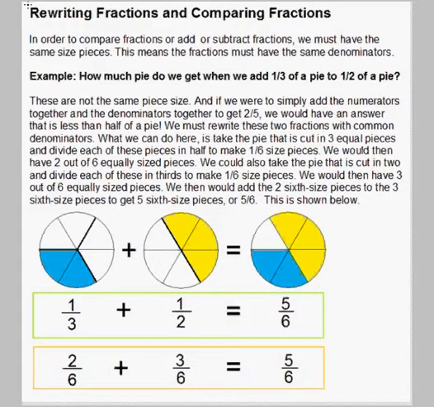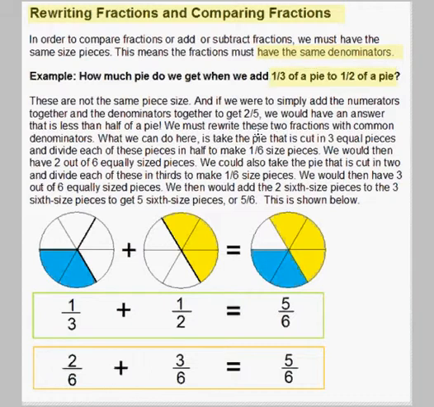Now let's look at rewriting fractions and comparing fractions. In order to compare fractions or add or subtract fractions, we have to have the same size pieces. Well, the size of the piece is dictated by the denominator. That means we have to have the same denominators. Let's look at a simple example. How much pie do we get when we add 1/3 of a pie to 1/2 of a pie?